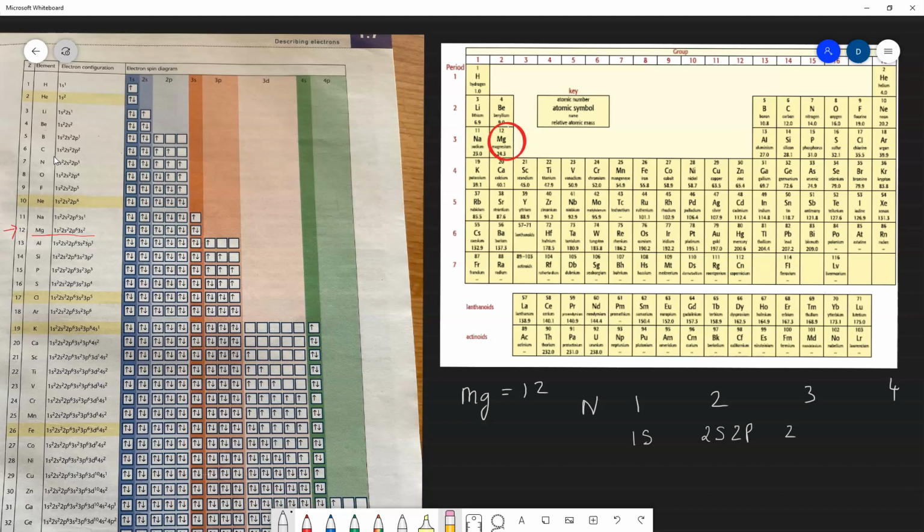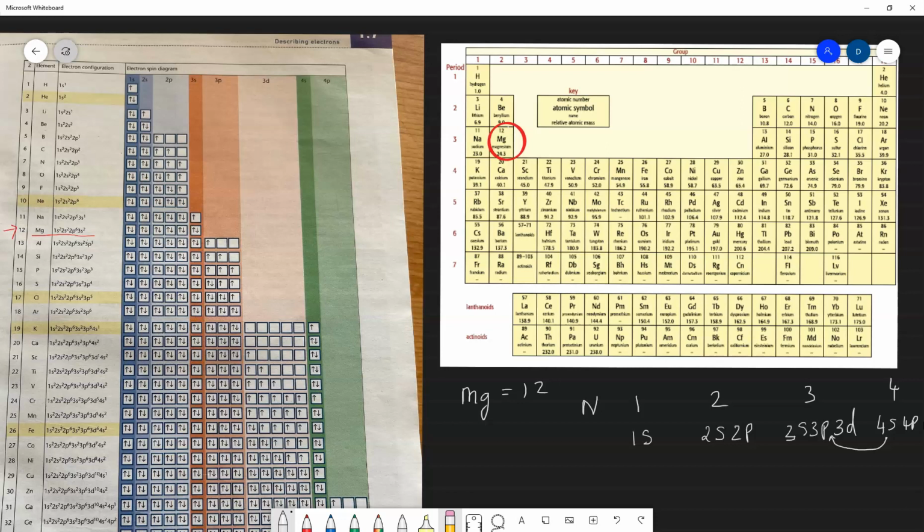Third shell has 3s, 3p and 3d, and the fourth one has 4s, 4p, 4d and so on. And always remember, 4s will fill first. So 4s is in between 3p and 3d.